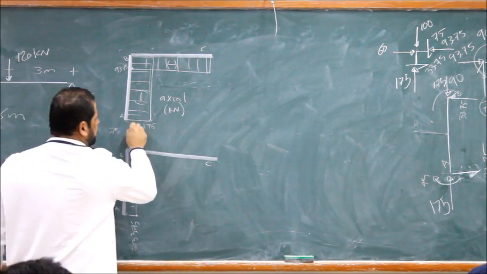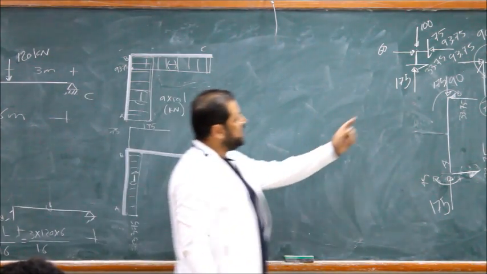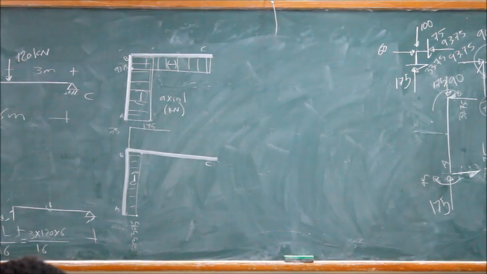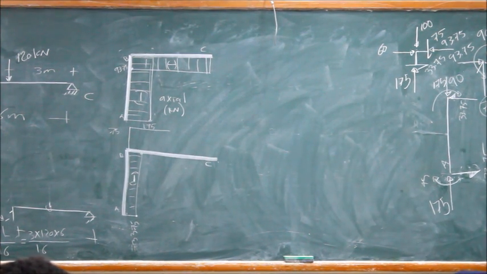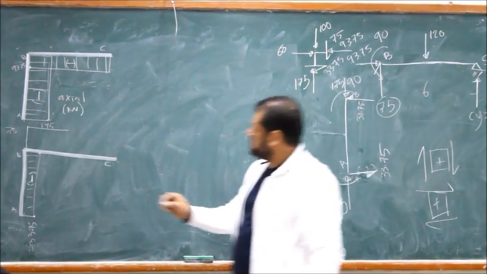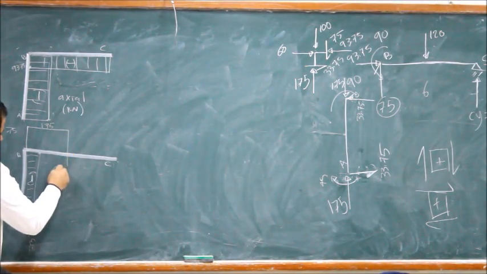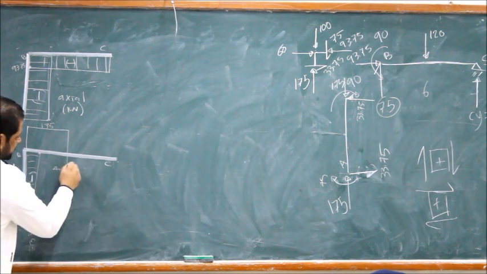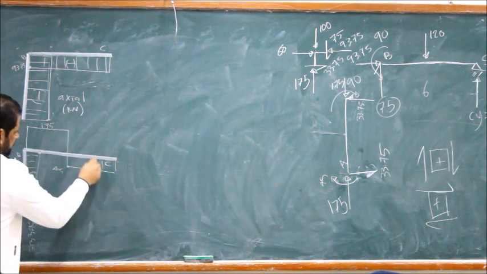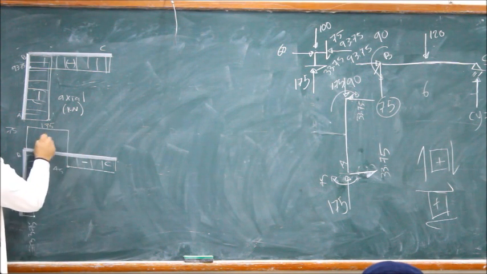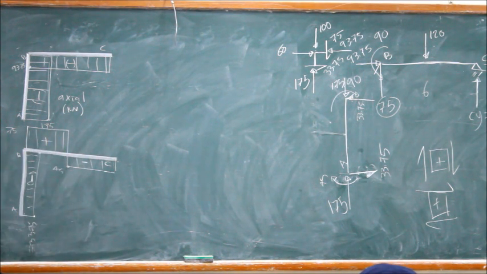As we go from here to the middle, no change. Then at the 120, there is a drop of 120. 120 minus 75, 45. No change. So there is negative shear, there is positive shear. Okay?